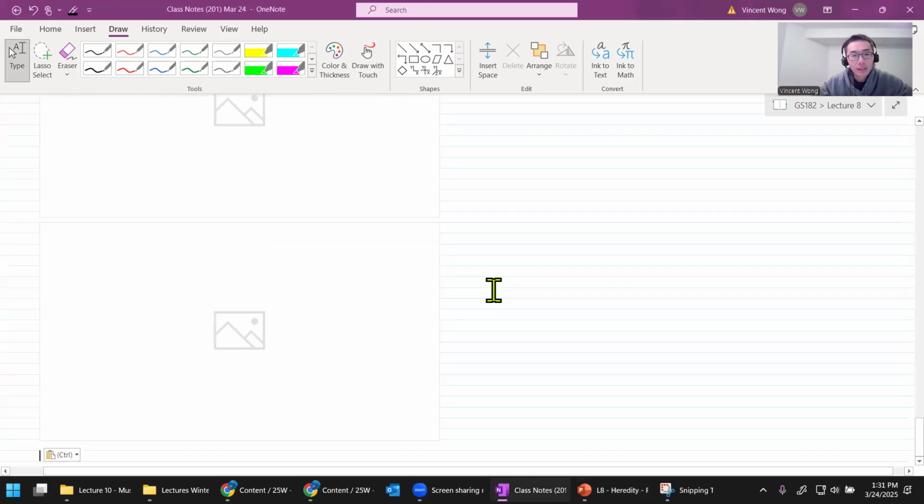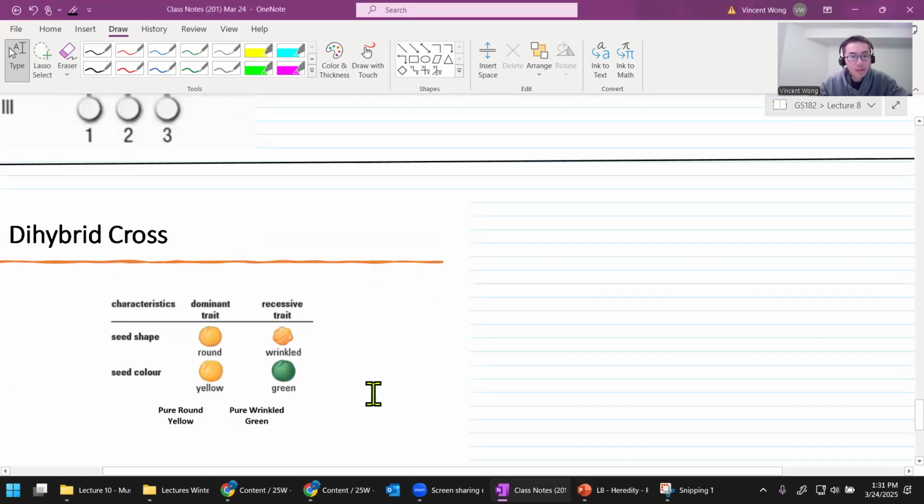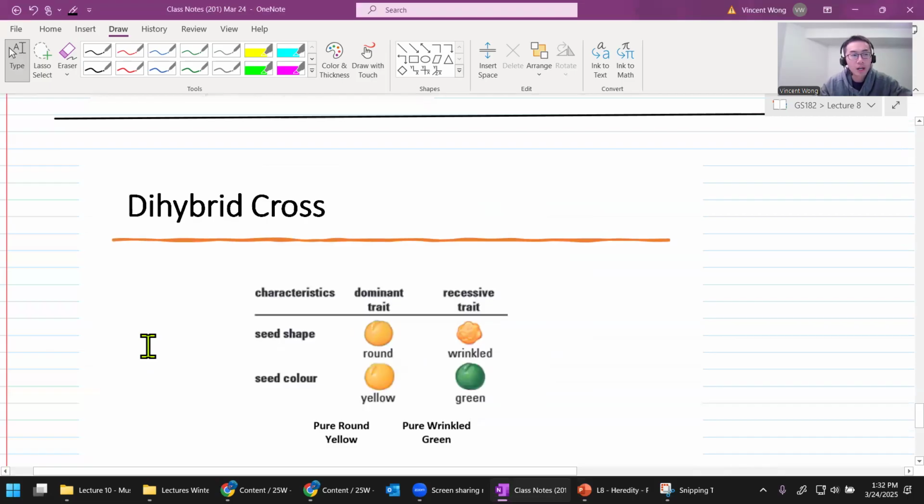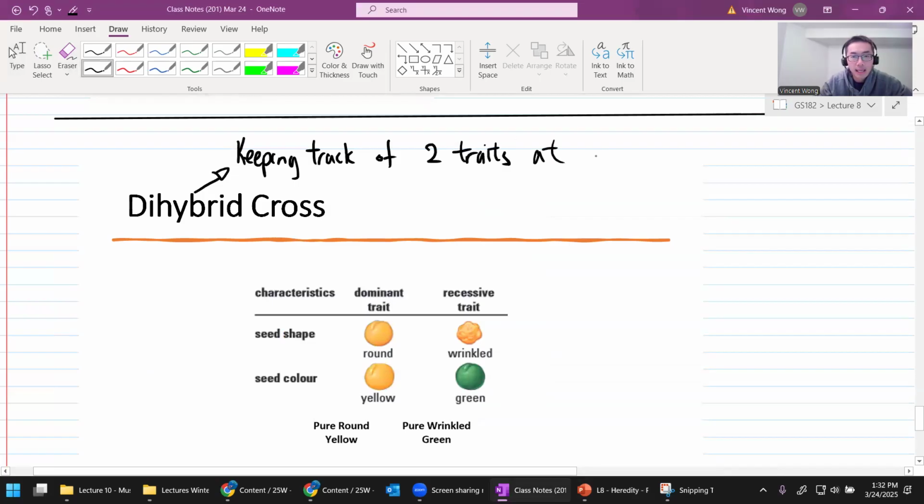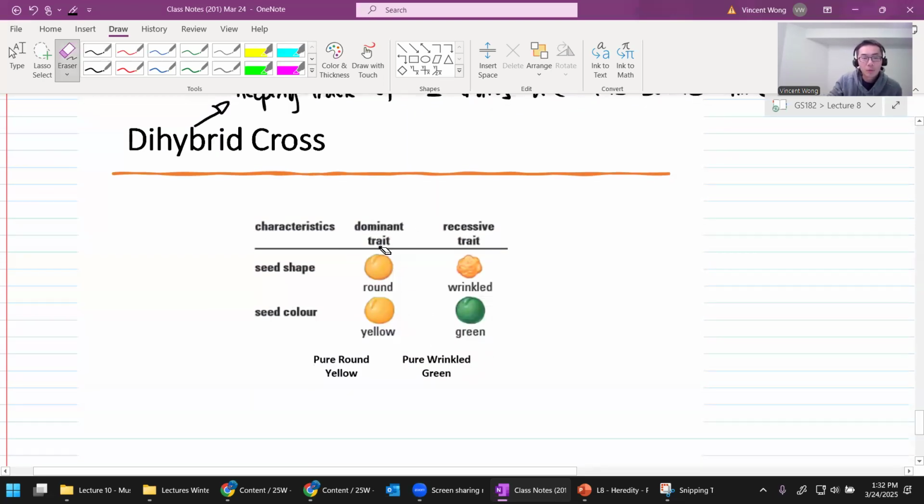A dihybrid cross is keeping track of two traits at the same time, simultaneously. So we can have round and wrinkled, and then yellow and green. We're looking at two things at the same time.